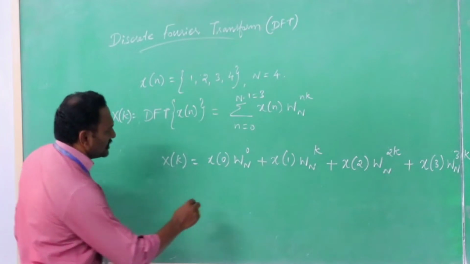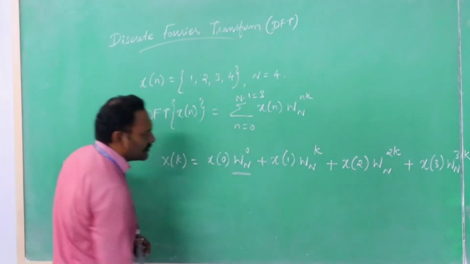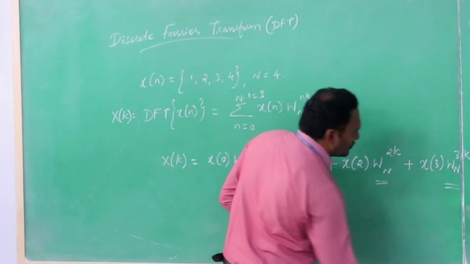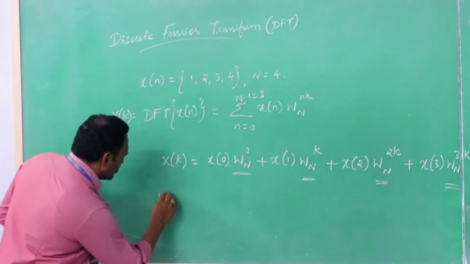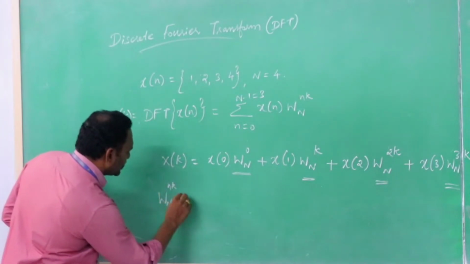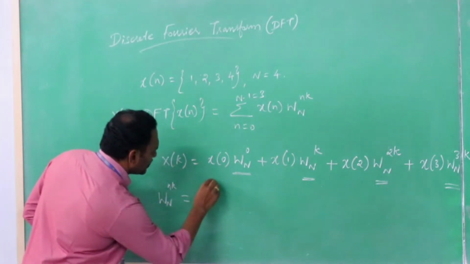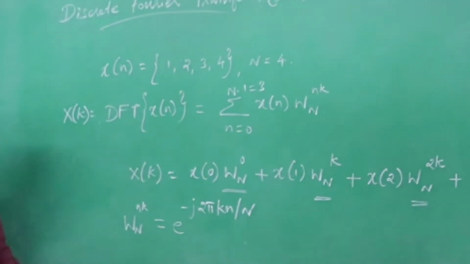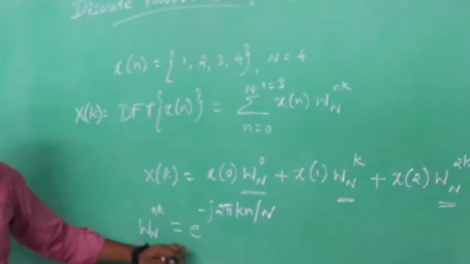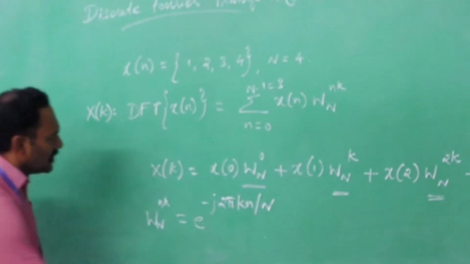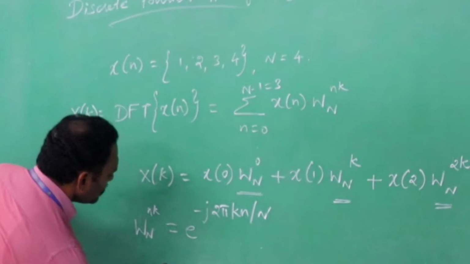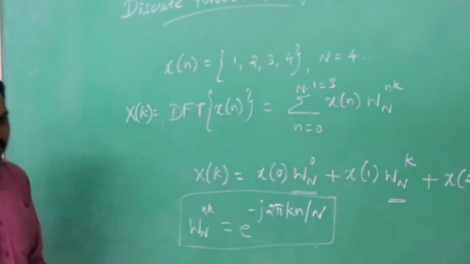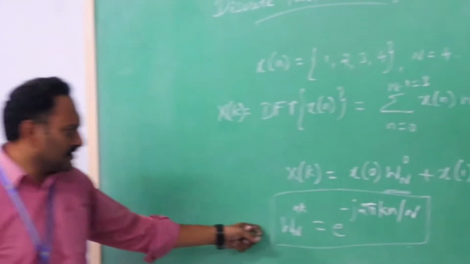Here W N to the power 0, W N to the power k, 2k, 3k, that is W N to the power n k, we can expand as e to the power minus j 2 pi k n divided by capital N. This we call the twiddle factor, and also we can call it the complex multiplication value.